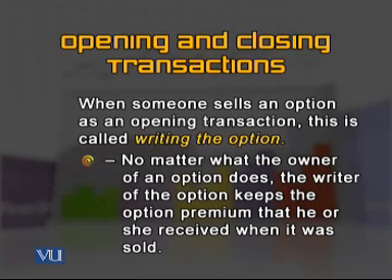So he or she will receive the premium. So the writer would have some sort of guaranteed income, and that is what we talked about when we talked about generating income from the options market by writing calls or puts, writing options.